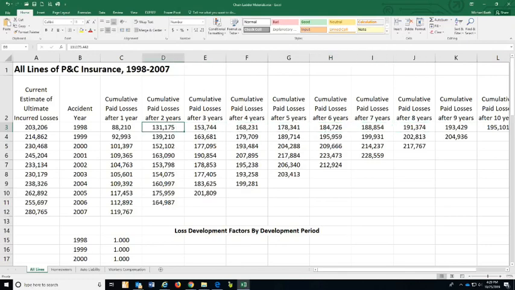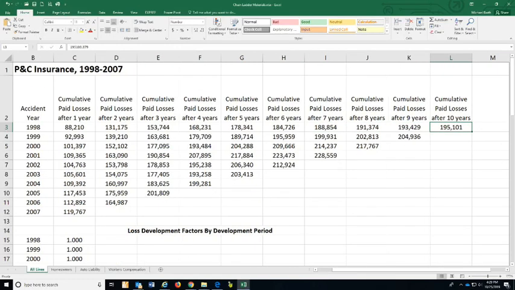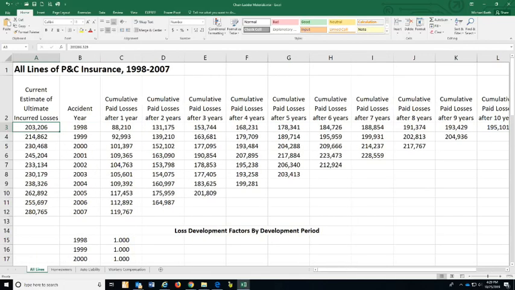So this is cumulative after 1 year is at the end of 1998, the next year is the end of 1999, the next year is the end of 2000, 2001, 2002, 2003, 2004, 2005, 2006, 2007. Now this data comes from the 2007 financial statement data, so this is before we have 2008, 9, 10, or beyond that. All right, so we go to the next accident year, 1999 is on this row.